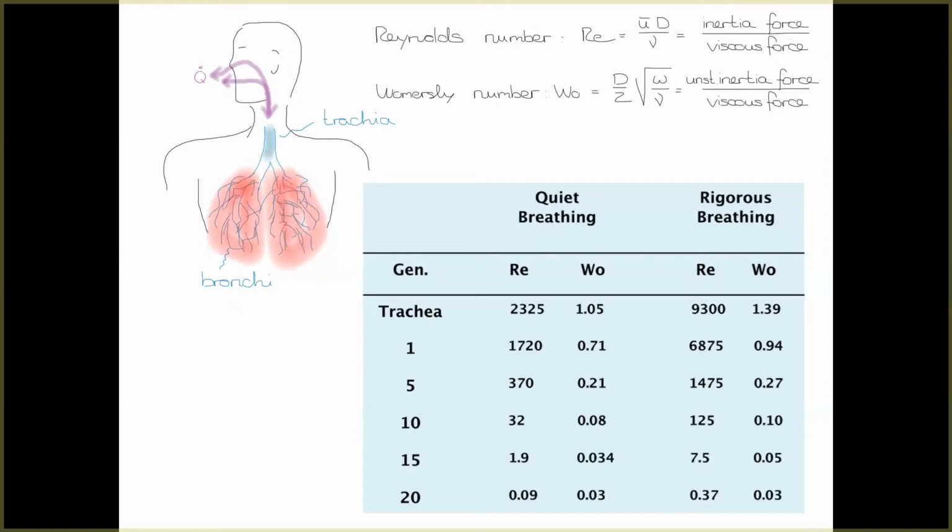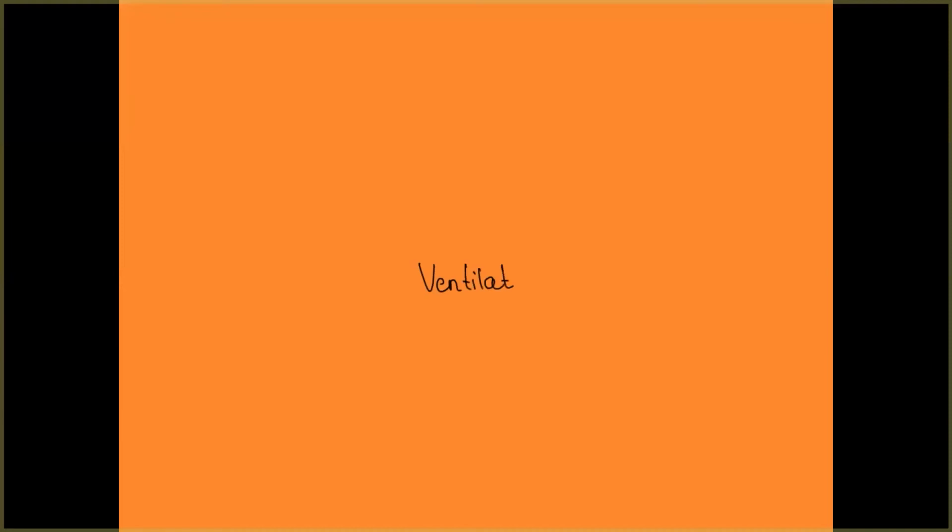Let me just quickly finish this part on the description of the lung. So in the upper tree, as said before, it's potentially turbulent. In the lower tree, we have laminar flow and predominantly quasi-steady because the Womersley number is very small. Good, so then I would like to stop here.